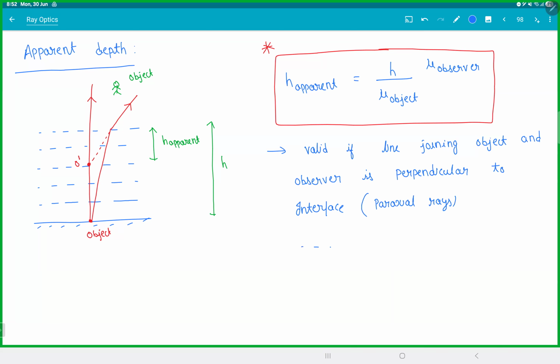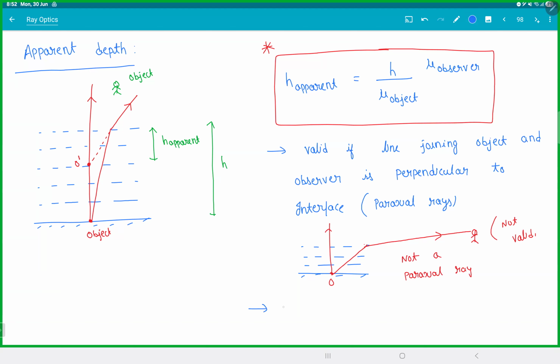Meaning if you have a situation like this, where object is here and observer is here, so this will go here, this will go here, and these are not paraxial rays. Don't use the formula here. We can't solve these things normally. The observer has to be straight on top of the object.